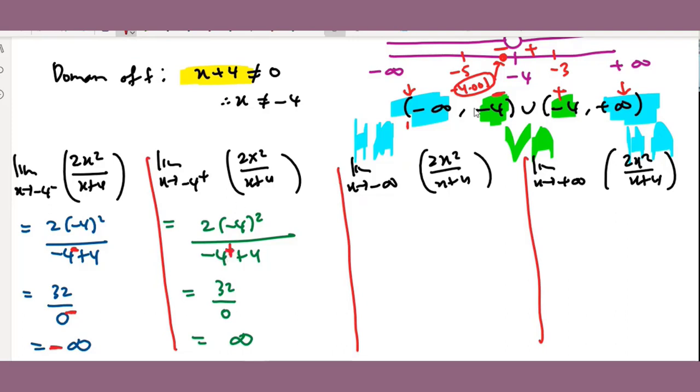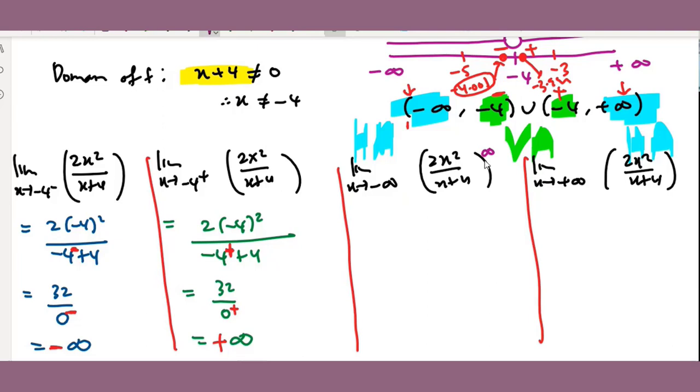Negative 4 from right is negative 3.999. Negative 3.999 plus 4 is greater than 0. So this one is positive. From right, 32 over 0 positive. Positive.